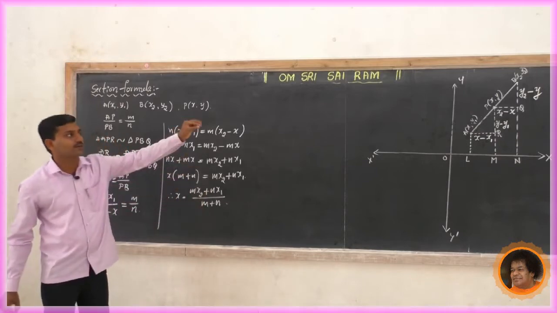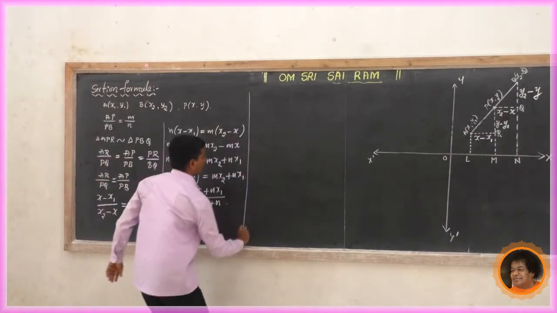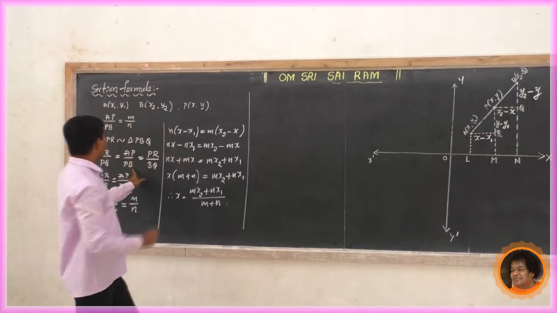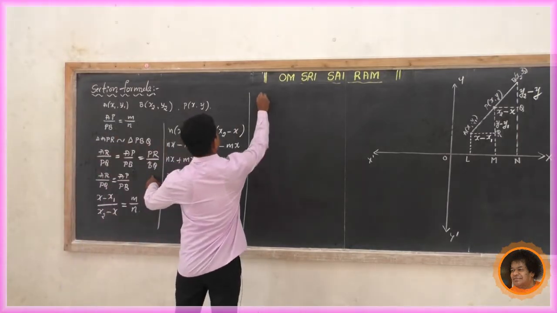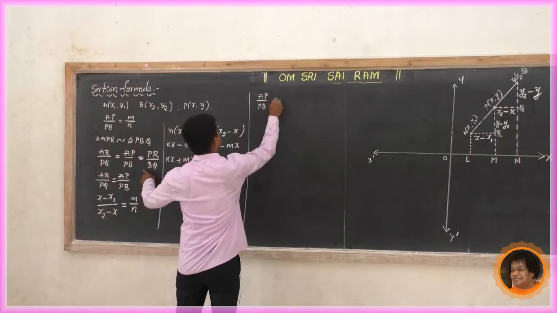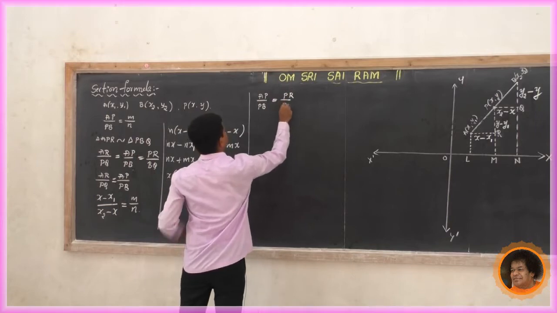Next we have to find the value of y coordinate. How to find the value of y coordinate? Now consider the second corresponding sides, that is AP divided by PB equal to PR divided by BQ.